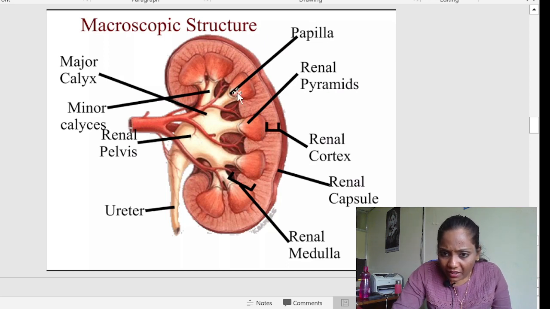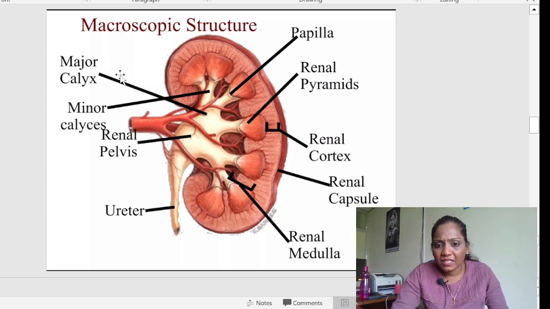and where the renal pyramids are attached with the ureter structure, that's called the hilus, minor calyces or major calyx, we will say.